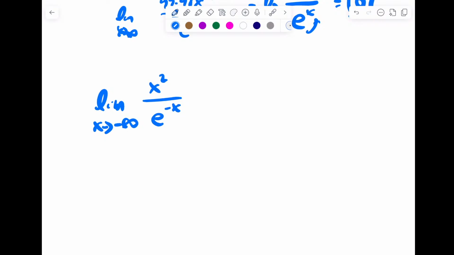Okay, so how about this one? Again, sometimes the first L'Hopital's rule doesn't always work. And this one reaches negative infinity, as opposed to before, where it only reached infinity.